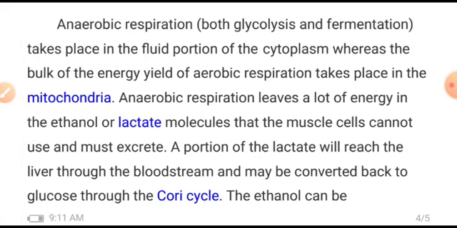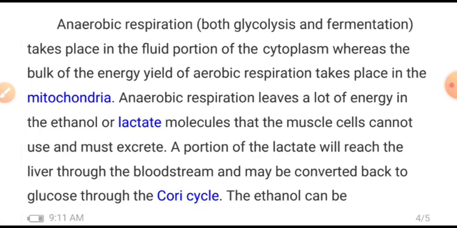So anaerobic respiration leaves a lot of energy in the ethanol or lactate molecules that the muscle cell cannot use, and the muscle must excrete. A portion of the lactate will reach the liver through the bloodstream and may be converted back to glucose.